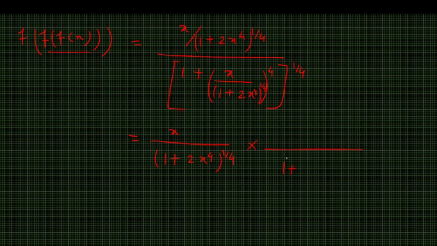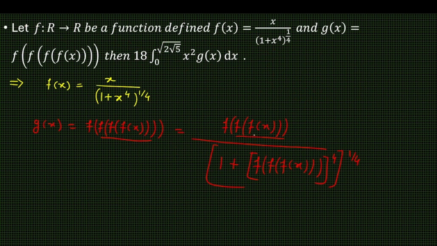Let's see, LCM of 1 and 1 + 2x^4 will be 1 + 2x^4 + x^4. And similarly, we will get the same bracket which will get cancelled. So f(f(f(x))) is equal to x upon (1 + 3x^4) bracket to the power 1/4.